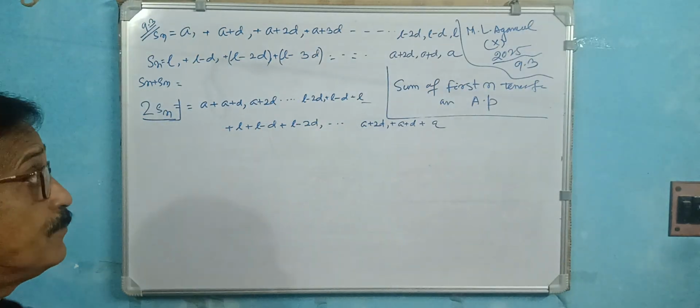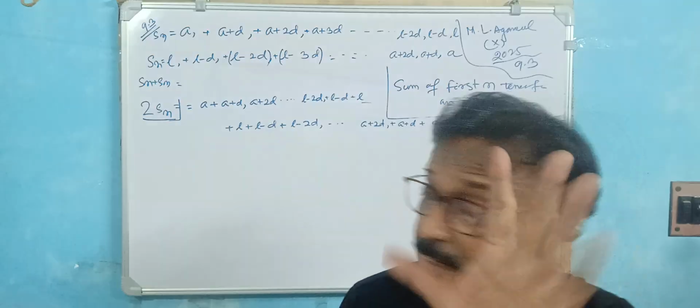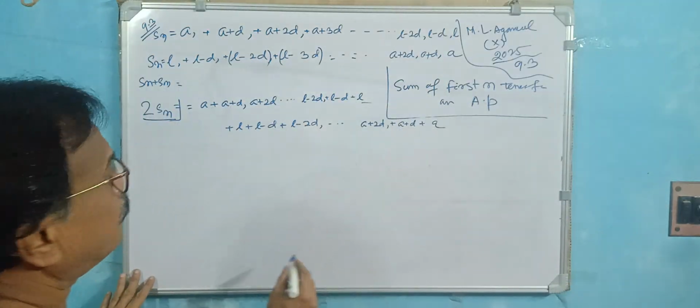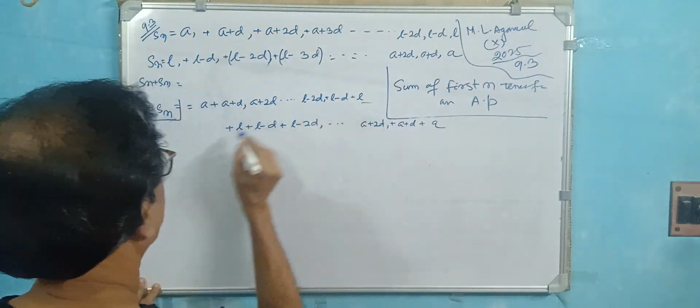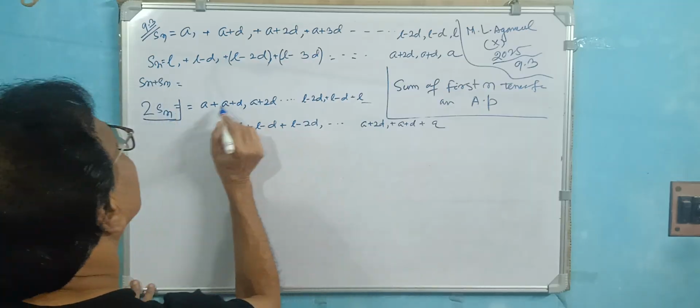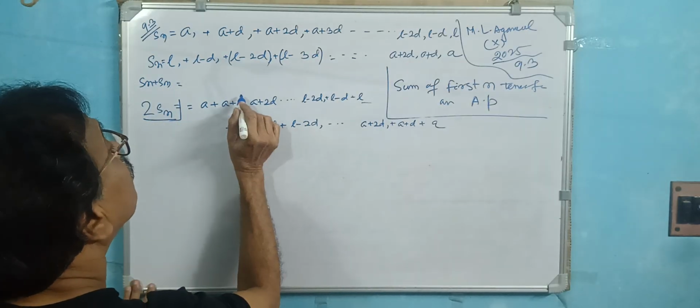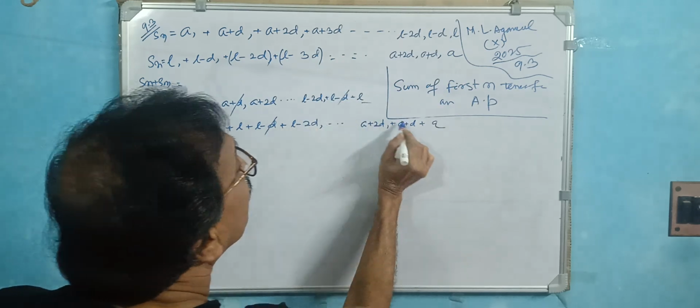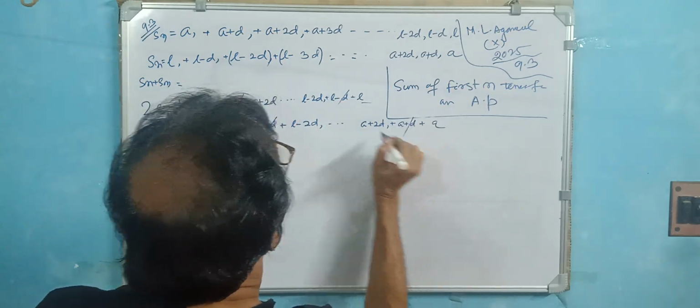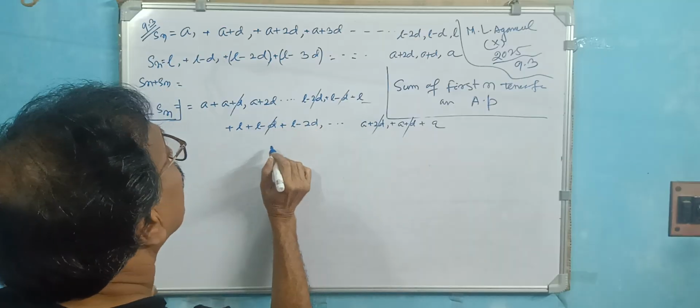Now what will we calculate? Here the D is minus D plus D, minus 2D plus 2D.